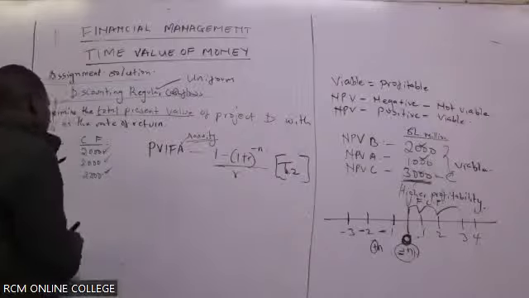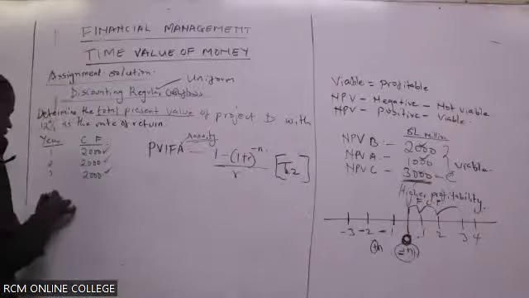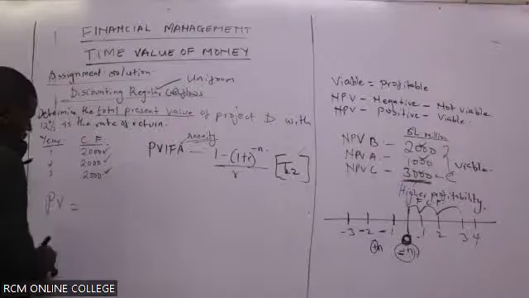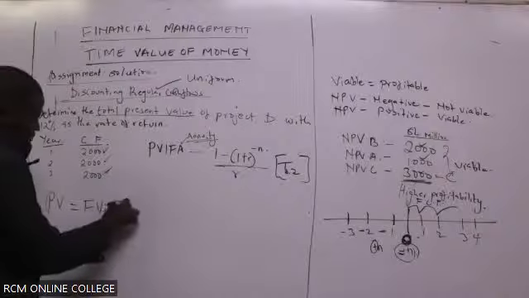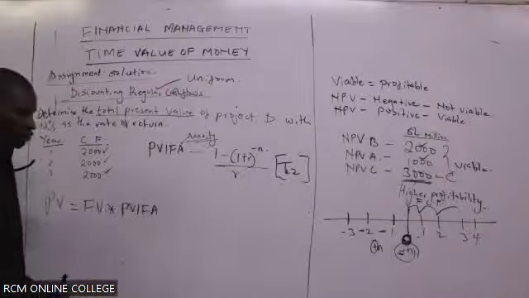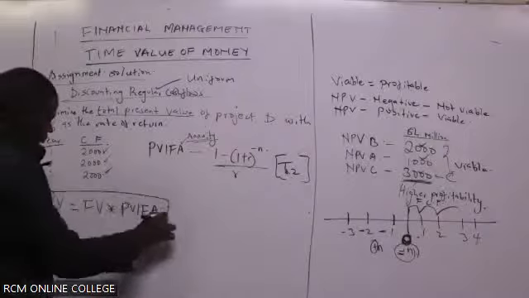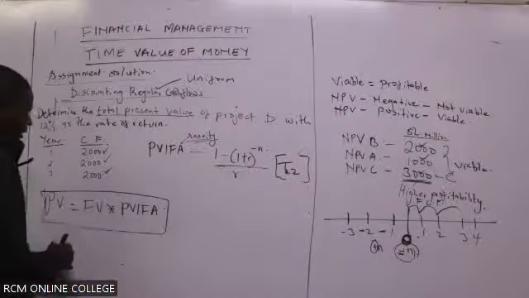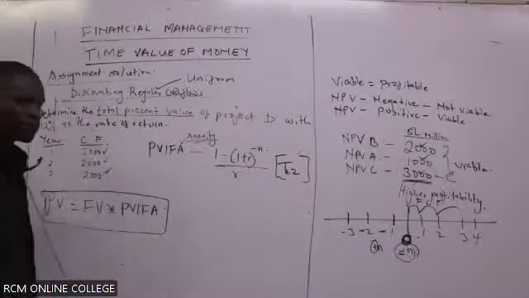Therefore, to compute the present value of regular cash flow, we take the future value times PVFA. So your formula is important. In our case, what is the future value?